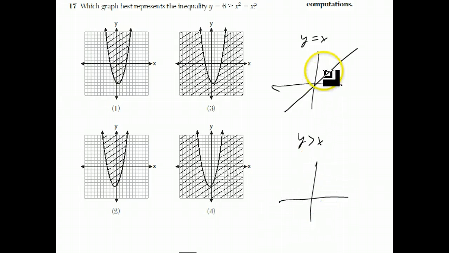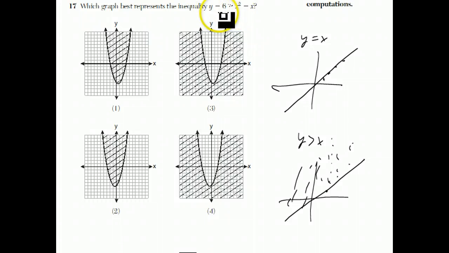These are all the points where the x and y value are equal, like (1, 1), (2, 2), (3, 3), (4, 4). Y is greater than x doesn't have (1, 1) as a point on it, but it does have (1, 2), (1, 3), (1, 4), and (1, 5). Those are all points where the y value is greater than the x value. And when you do that for all the points, you get something that looks like shading.